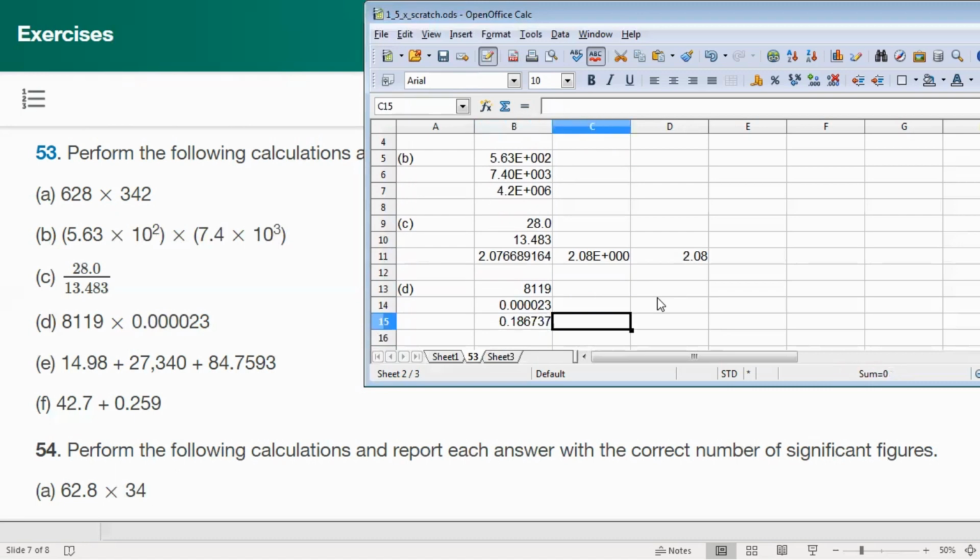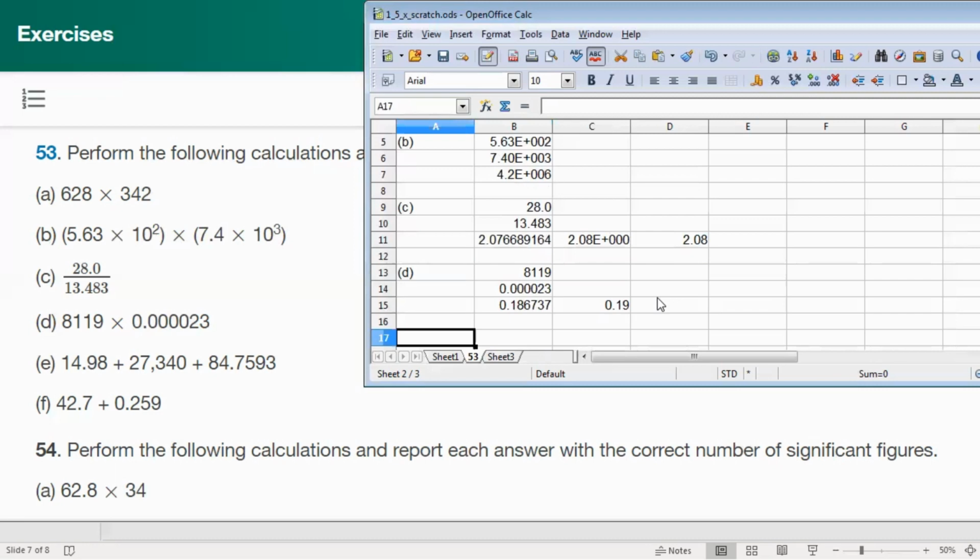And we could just do a simple rounding to two significant figures, and that'd be 0.19. Now, if I were administering the test, I'd try to be a little bit more explicit, and I might not even dock points if you used one or the other. You just have to get the rounding correct and obviously the number of significant figures. So first to get the number of significant figures correct, and then the rounding. Of course, you have to get the multiplication correct.